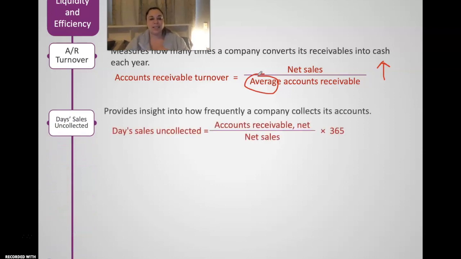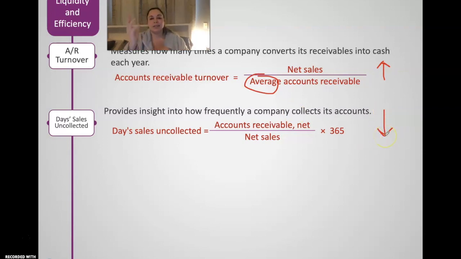Next, we have days sales uncollected. It's really similar to the accounts receivable turnover, almost like backwards a little bit. This is how many days we have an account on our books, somebody owes us money, before we collect it. So it's the average amount of days that someone owes us money. And in this case, we want a lower number.